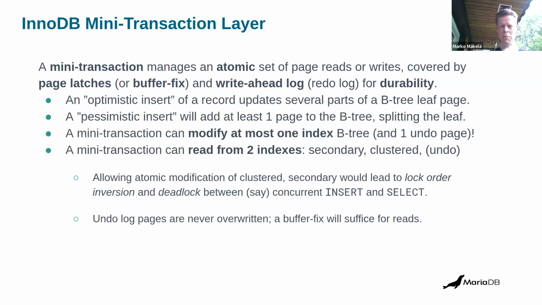We need to do multiple atomic changes on that page. It's not just writing the record itself. We also have to update some record header fields to say that now we have this much free space left on the page, and here is where the next record could be allocated from, and also next record links and page directory. So all those changes have to be done in an atomic mini-transaction.